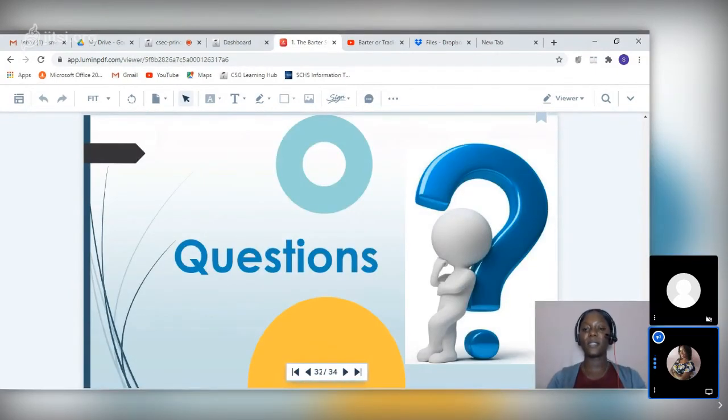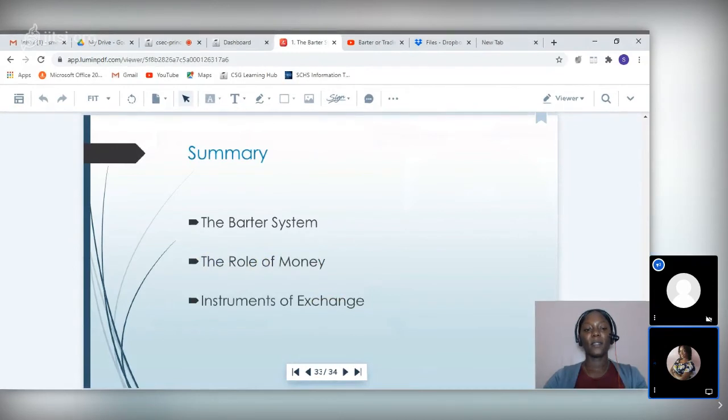All right, so we're almost there. Any questions about the topics that we've covered? No, miss. All right. Just to summarize what we looked at today, we looked at the barter system, which is the exchange of goods and services without the use of money, and the advantages and disadvantages of the barter system.